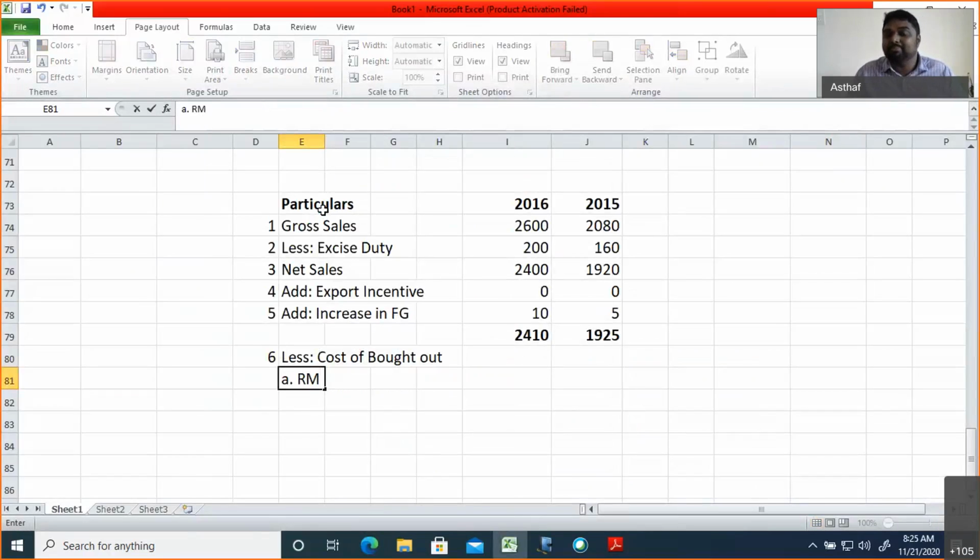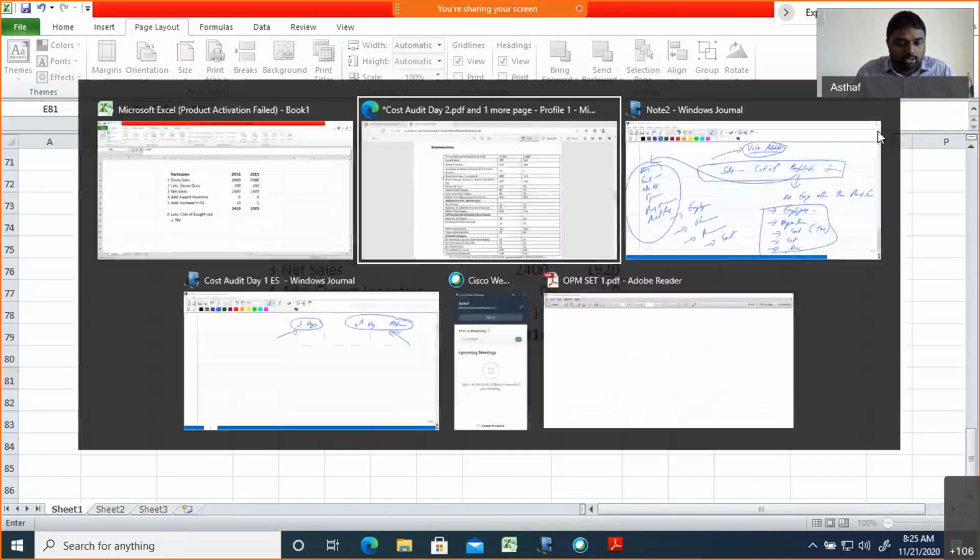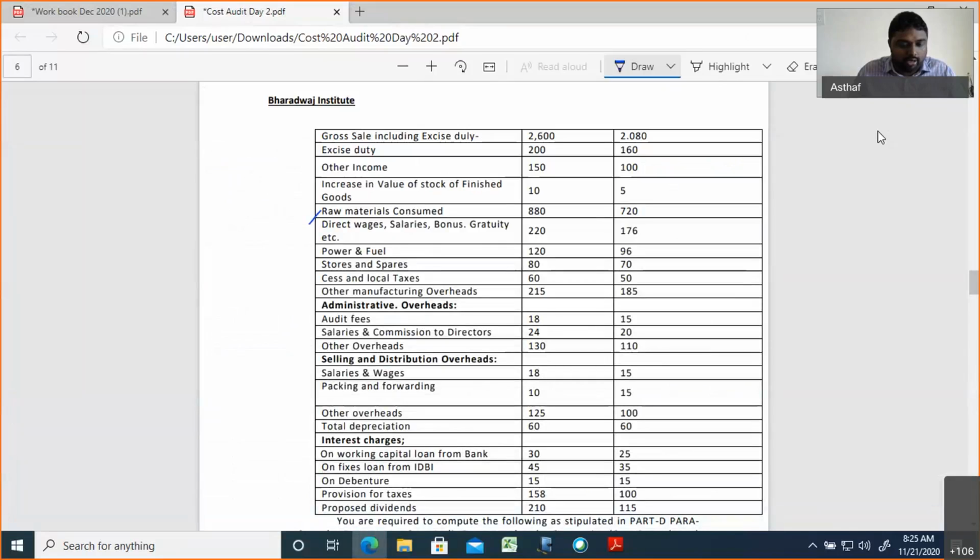For exam purposes, you can take a shortcut. You can take everything, add it in your calculator, and you will get the final answer. But here, for class purposes, since we are doing the first problem, I will give a heading for each item. For the exam, you can take it in your calculator and total. So what is the raw material? Raw material 880.